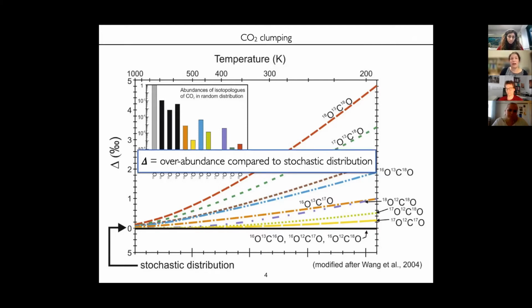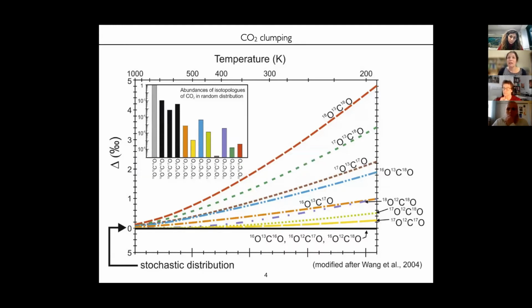So the larger this capital delta is, the more of those multiply substituted species you have in your material compared to what you would expect if everything was just randomly distributed. Of course, you always have by random chance molecules that contain multiple rare isotopes. But what we're looking for is an overabundance of these multiple substitutions.